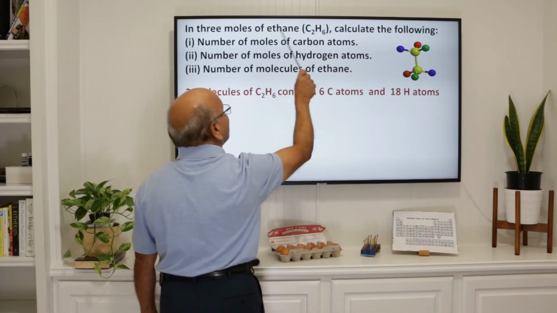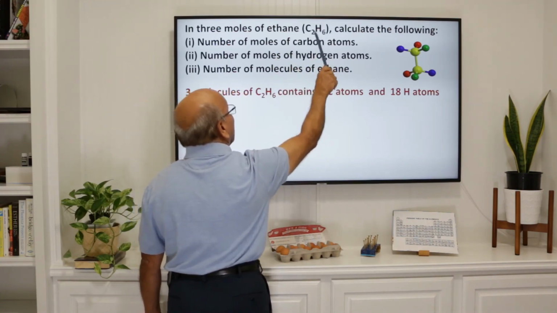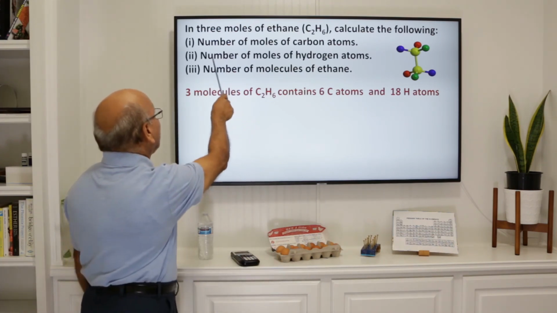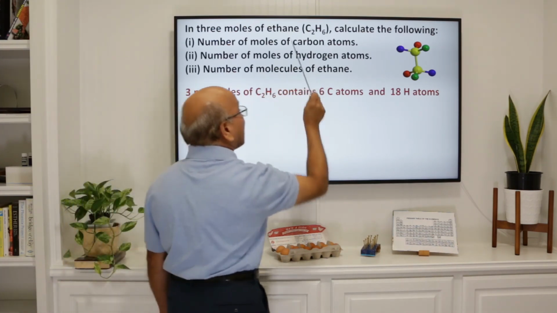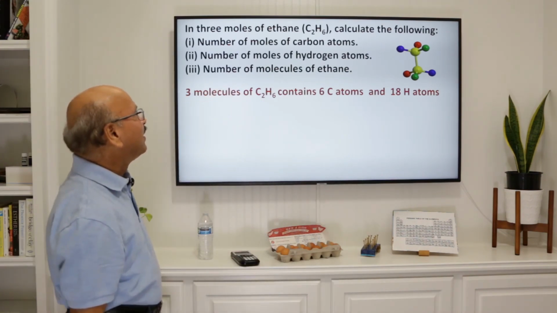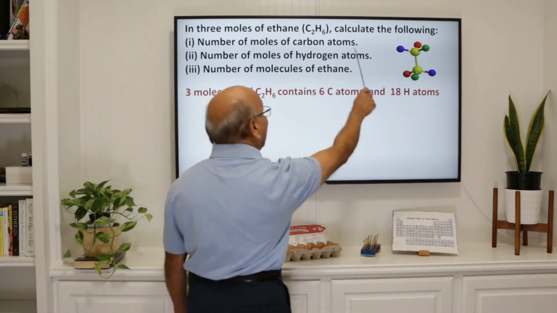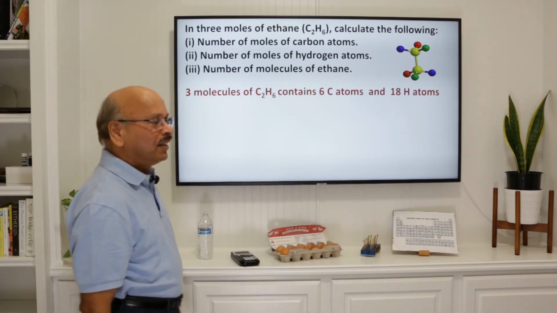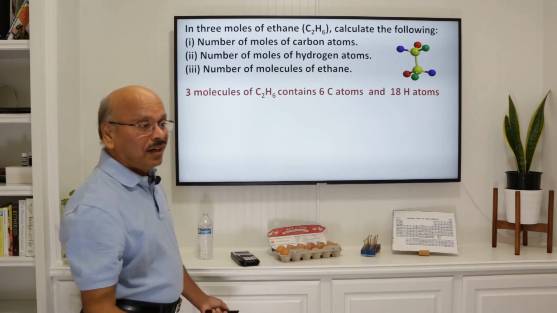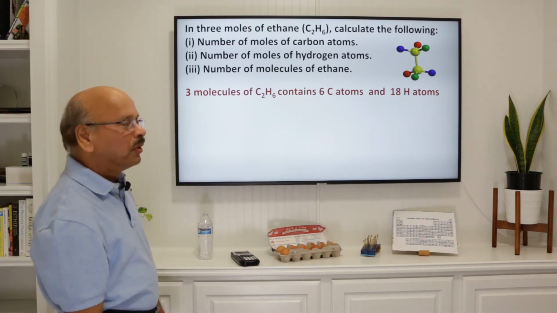So one molecule of ethane has 2 carbon atoms and 6 hydrogen atoms. Question is this. Find the number of moles of carbon atoms in the 3 moles of ethane, number of moles of hydrogen atoms in the 3 moles of ethane, and then number of molecules of ethane in the 3 moles. So let's go one by one.